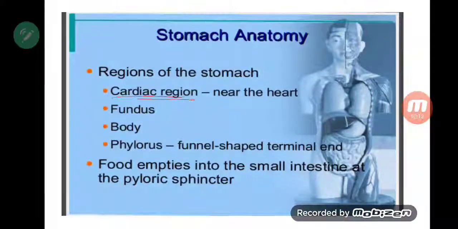The cardiac region is called that because it is near the heart. It is the lower esophageal sphincter. The fundus is the upper part of the stomach, and below it there is the body, and we have the pylorus.